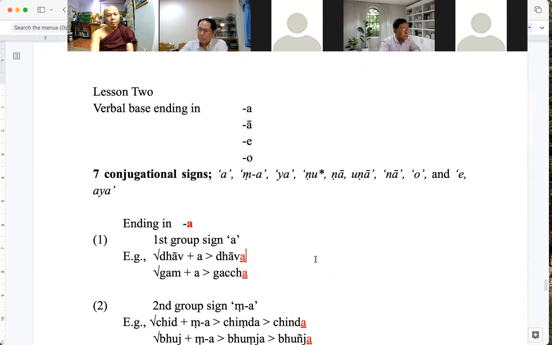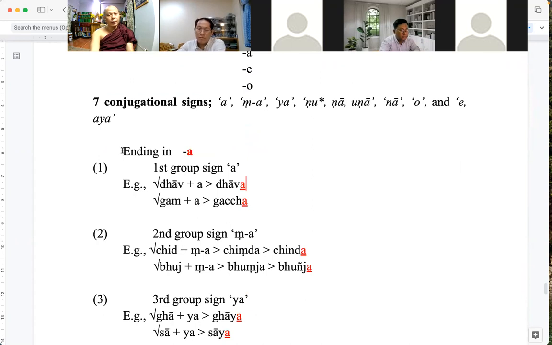So here is an example, ending in A. The first group sign is A, a rule we already learned. Root dhav means to run. Here I don't emphasize the meaning, just how this base ends in A. That point I will emphasize, so I don't give the meaning here, but later.